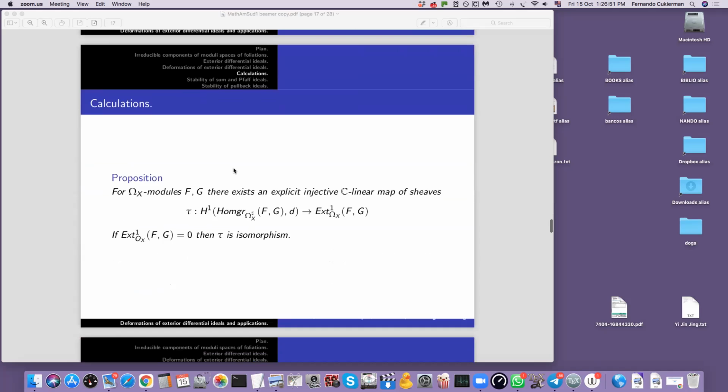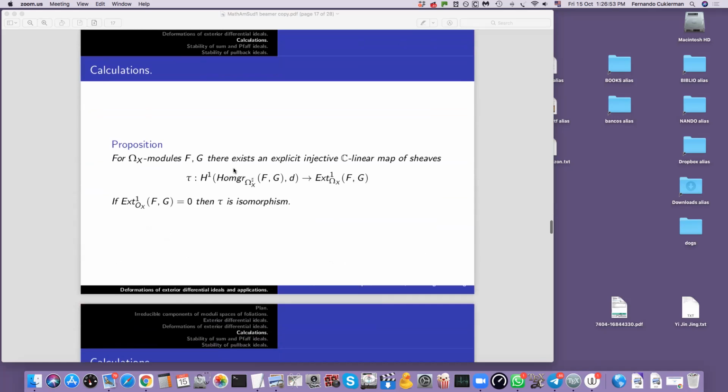Well, then we have several results to calculate, for example, this local Ext under some conditions is isomorphic to this H1 of this.